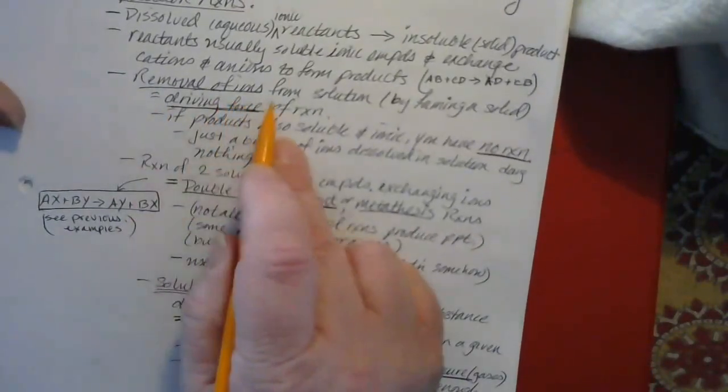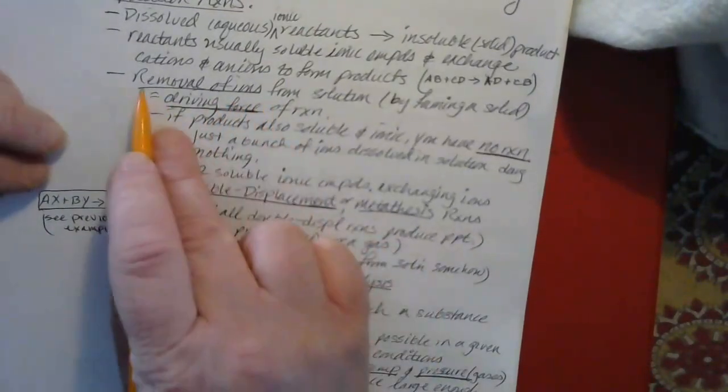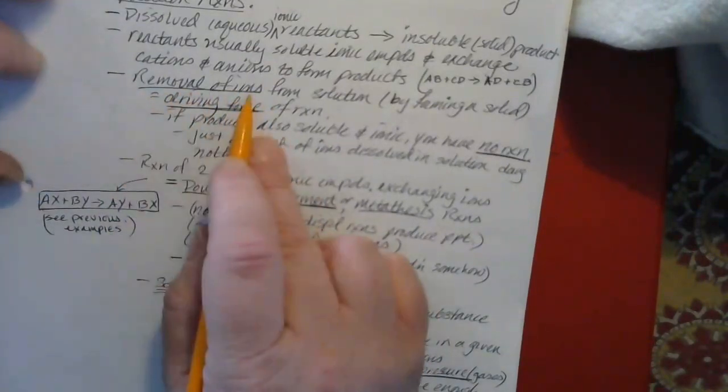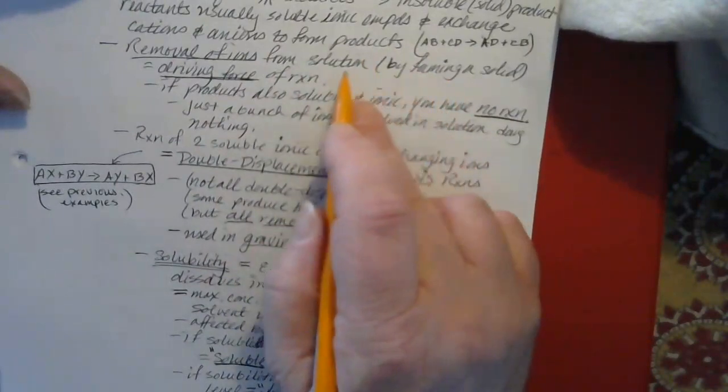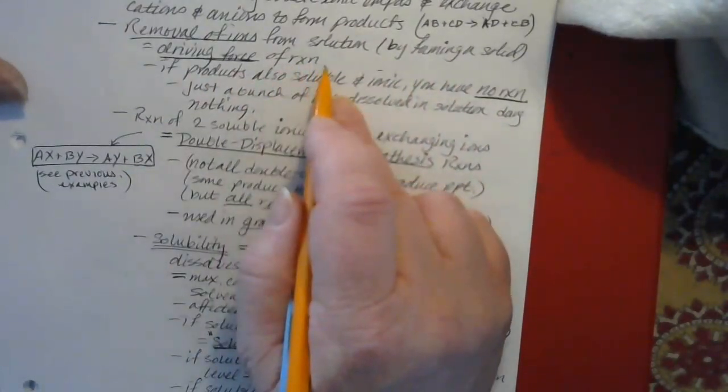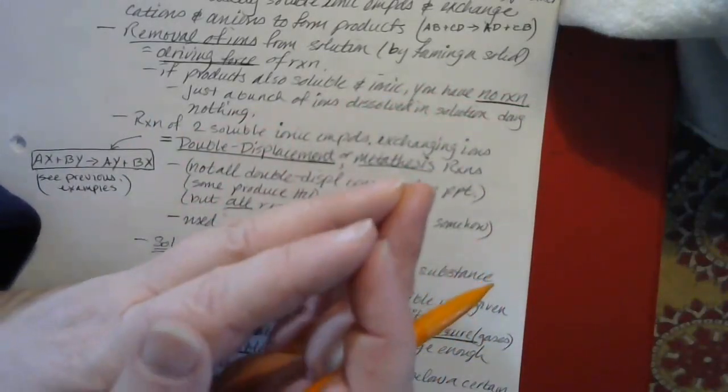Forming a solid that's not soluble in solution is an example of removing ions from solution. And that is what's known as a driving force for this type of reaction. Essentially, in order to make the reaction go forward, you need some way of changing something permanently so that it won't just go back the way it was.